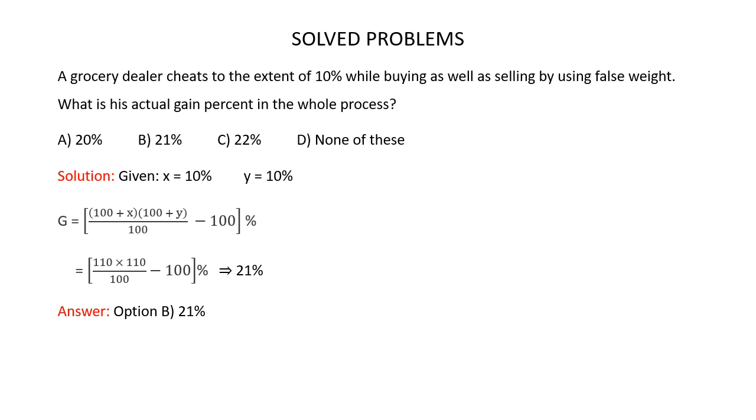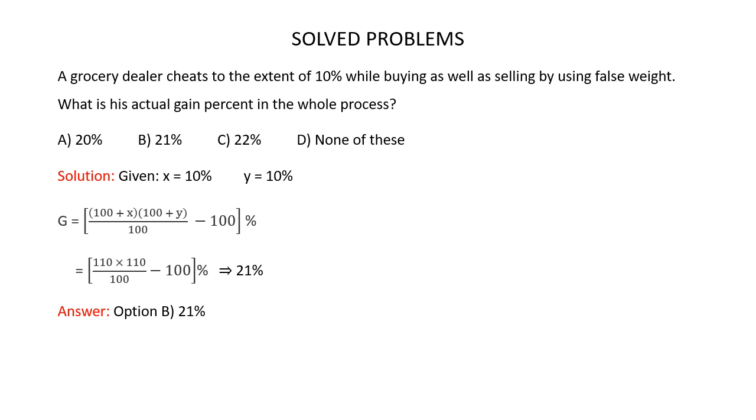Now to find the actual gain percent when the shopkeeper is cheating while buying as well as selling by using false weights, use the formula G is equal to (100 plus X) multiplied by (100 plus Y) divided by 100 minus 100%.